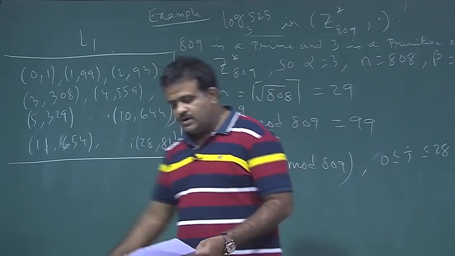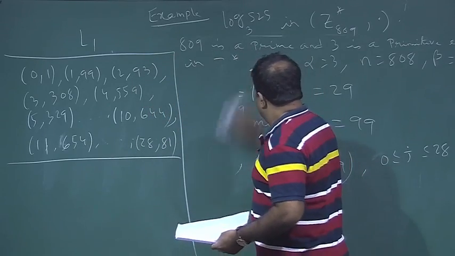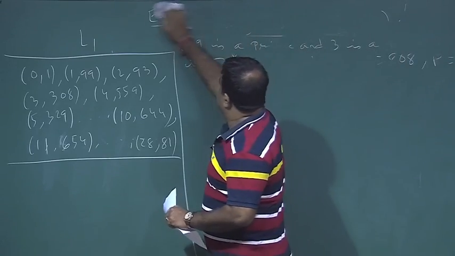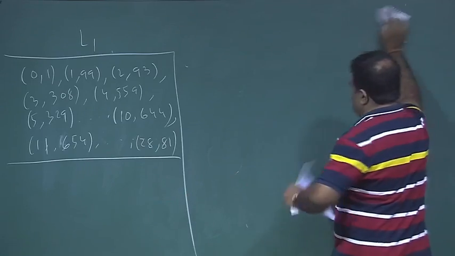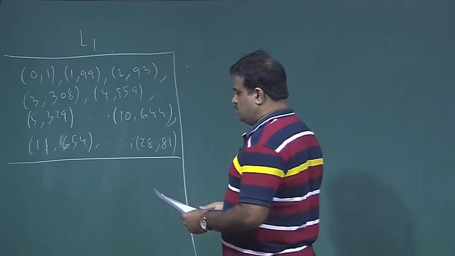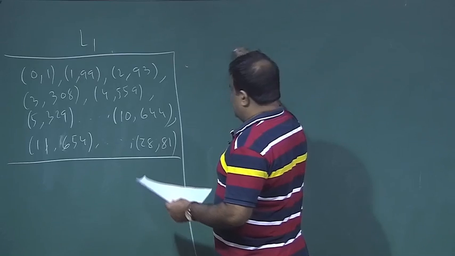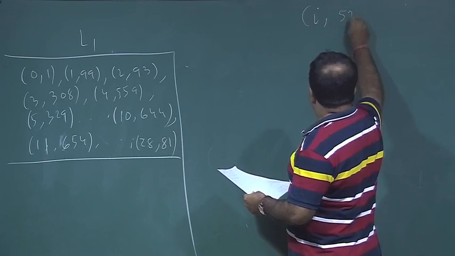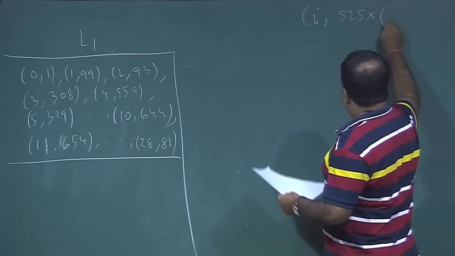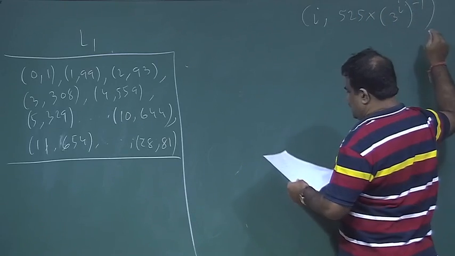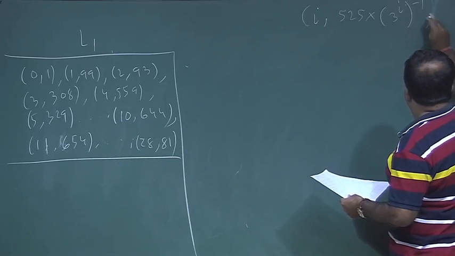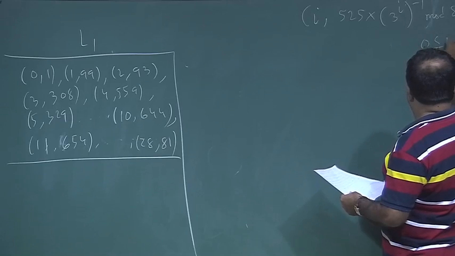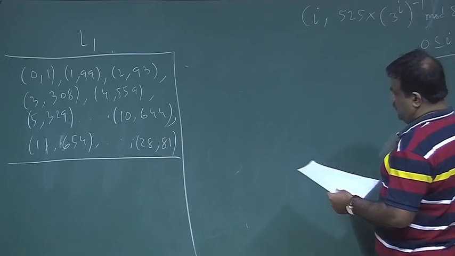So, how to get L2? To calculate L2, we need to do beta into alpha to the power minus i. So, to calculate L2, the second list, we have to calculate the pairs i comma 525 into 3 to the power minus i mod 809, and this i is varying from 0 to 28.